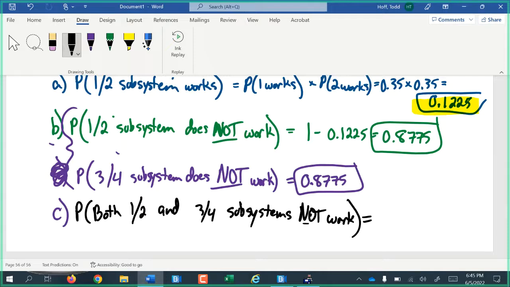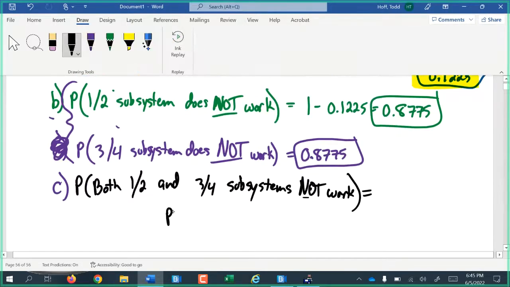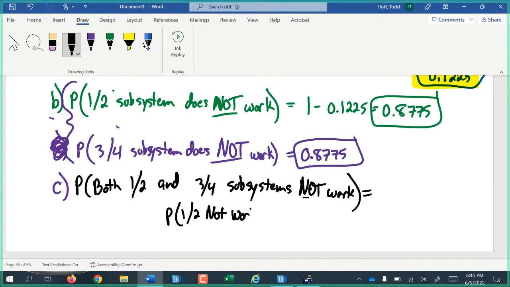So this is just the probability of the 1-2 subsystem not working, times the probability that the 3-4 subsystem does not work.